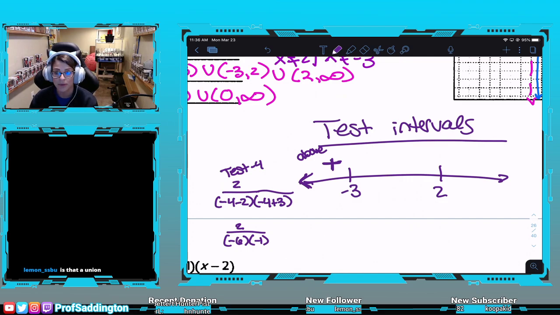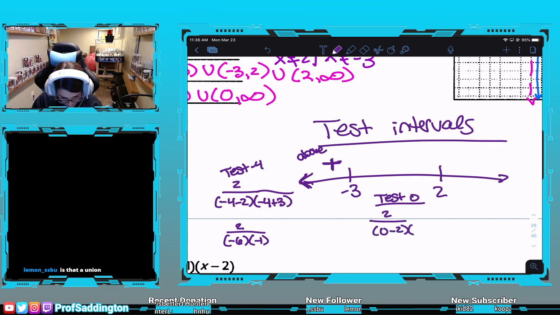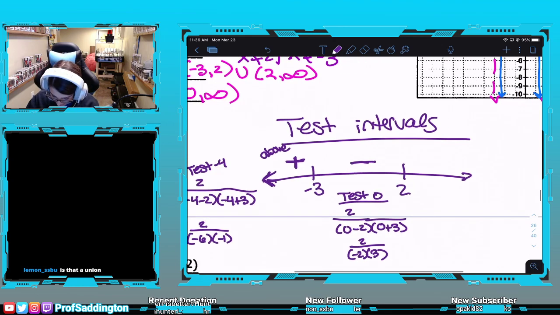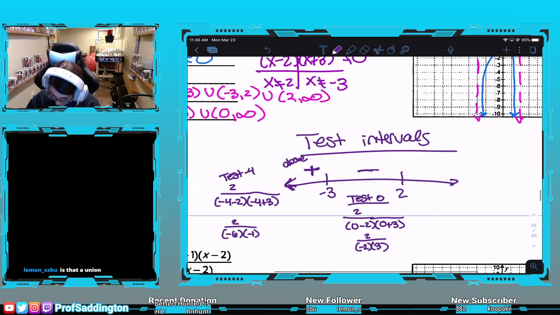Then I'm going to pick a point in between negative 3 and 2. Let's say 0, because that's a nice number, right? So let's test 0. So we have 2 over 0 minus 2, 0 plus 3. So we get 2 over negative 2 times 3. So that's going to be a negative answer, which we saw our graph was below there, so that makes sense. Means we're doing something right. And then I got to pick a point after 2.